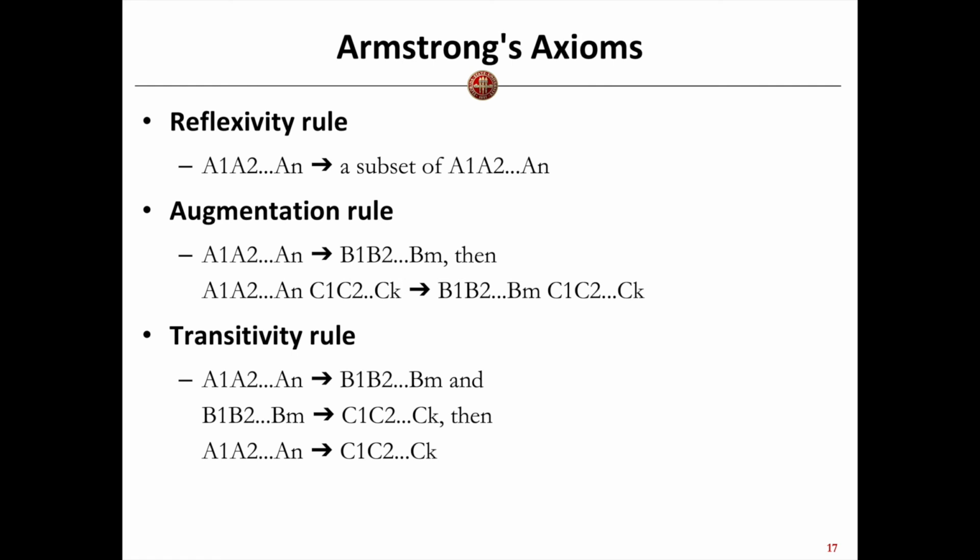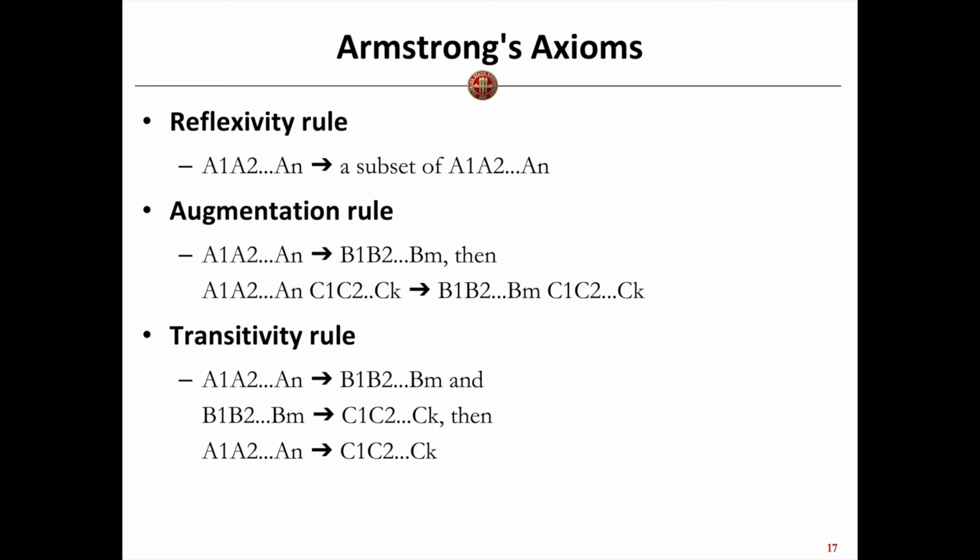The third one is called the Transitivity Rule. We have used this already in the previous example. What does this rule mean? Given an FD A1 to AN implies B1 to BM, and another FD B1 to BM implies C1 to CK, then we can derive a new FD, A1 to AN implies C1 to CK.